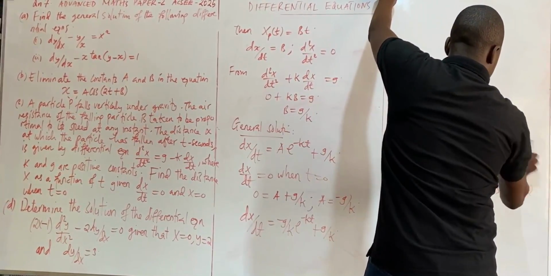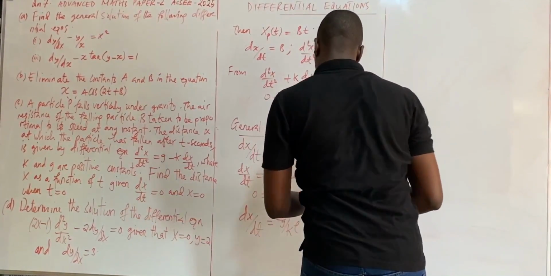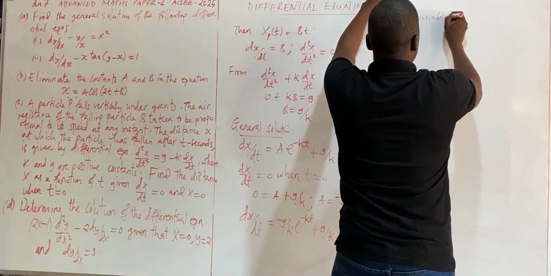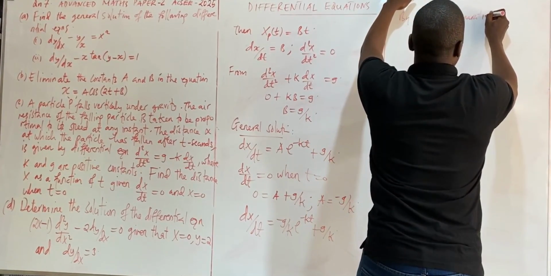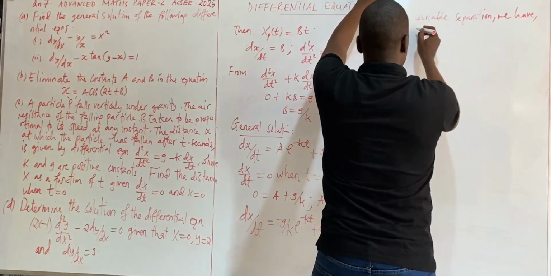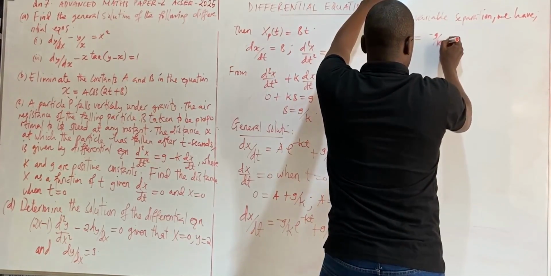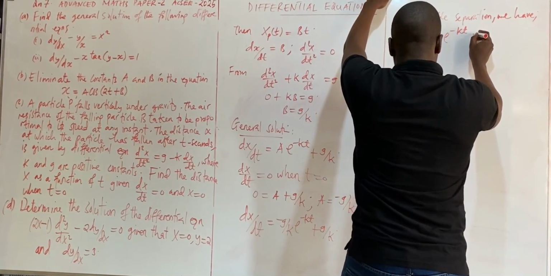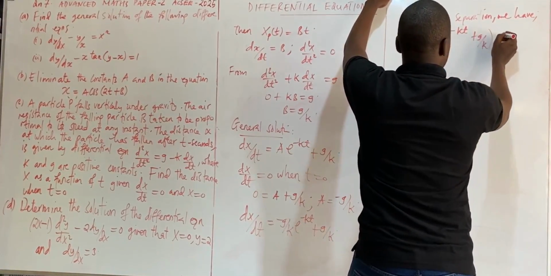So by variable separation, we have dx equals negative g over k e raised to negative kt, plus g over k, in brackets, then dt.